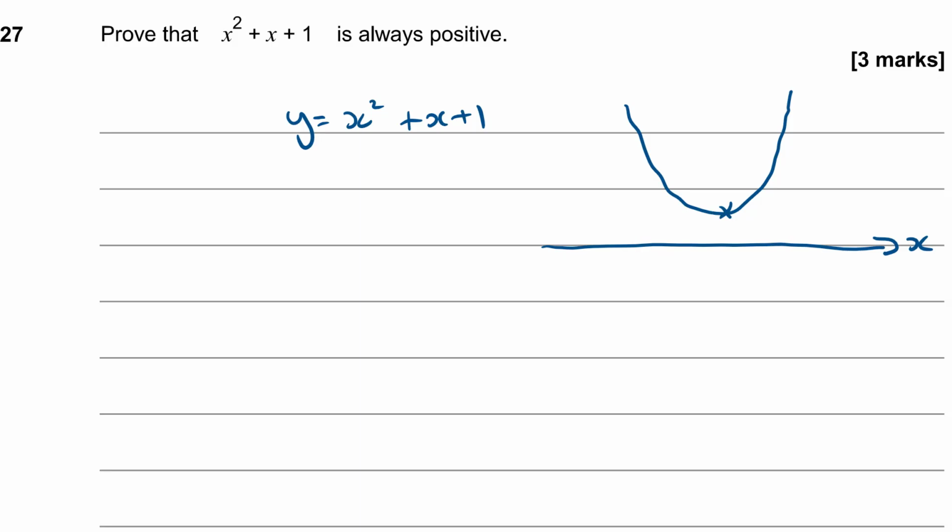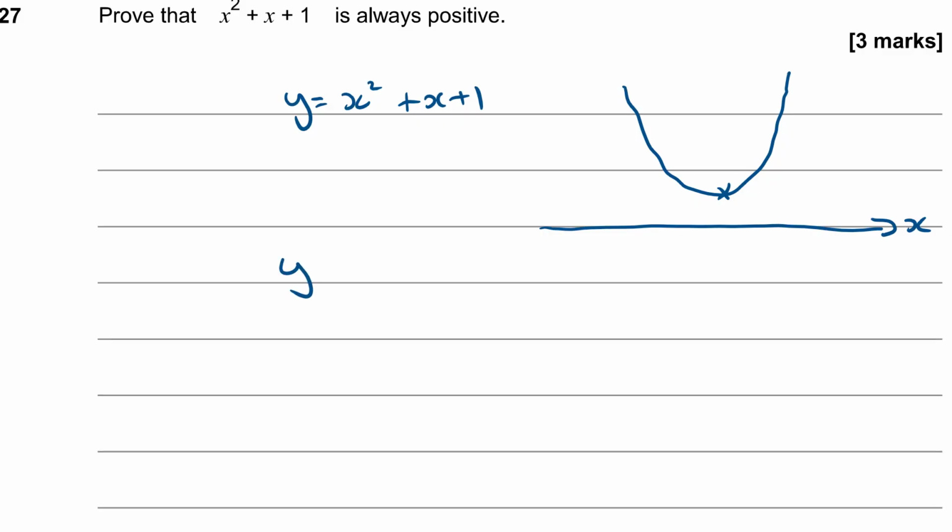We need to complete the square. So rewriting this as x plus something squared. The something squared you get from looking at the x term here, don't you? It's the coefficient of that term divided by 2. So the coefficient of x here is 1, and taking 1 and dividing it by 2 gives you a half.